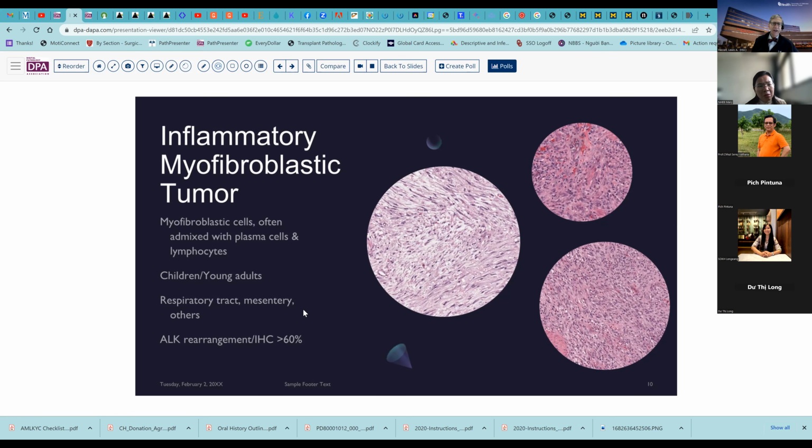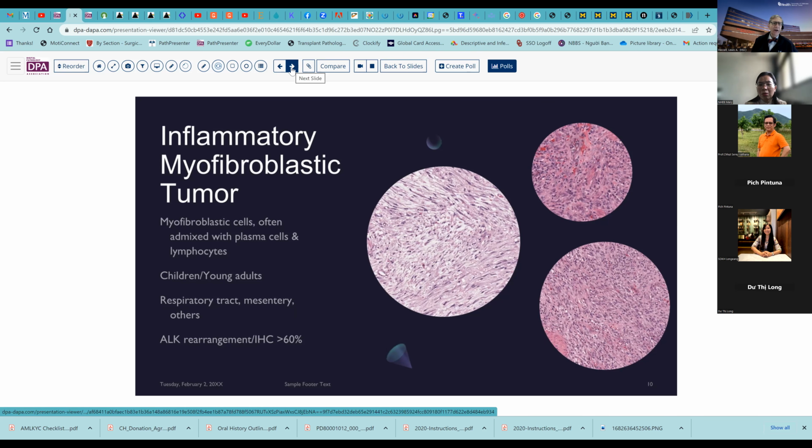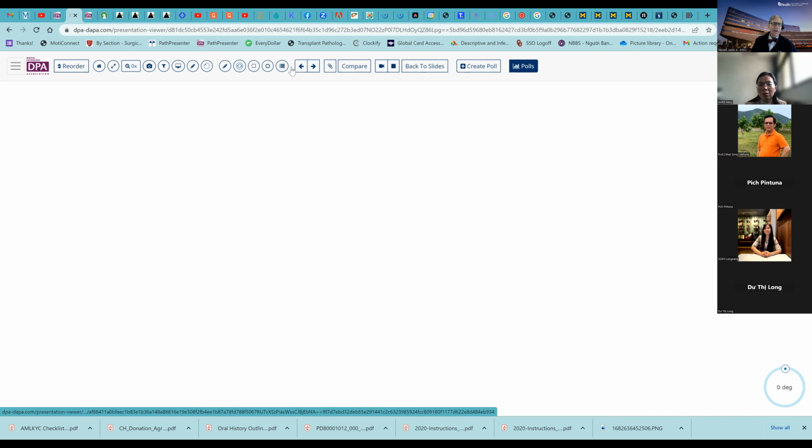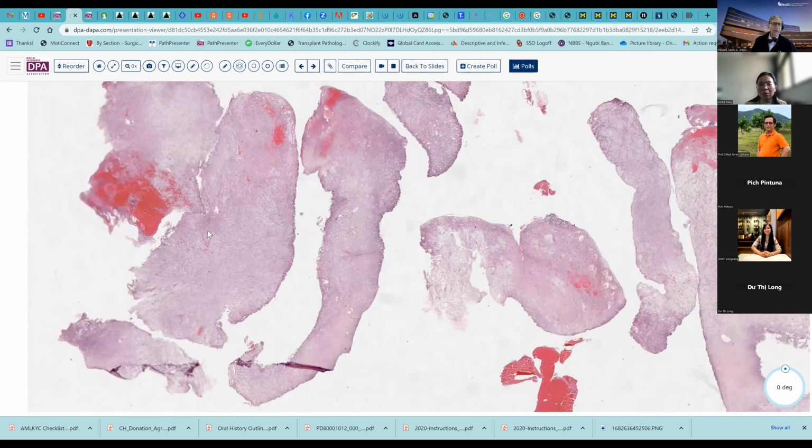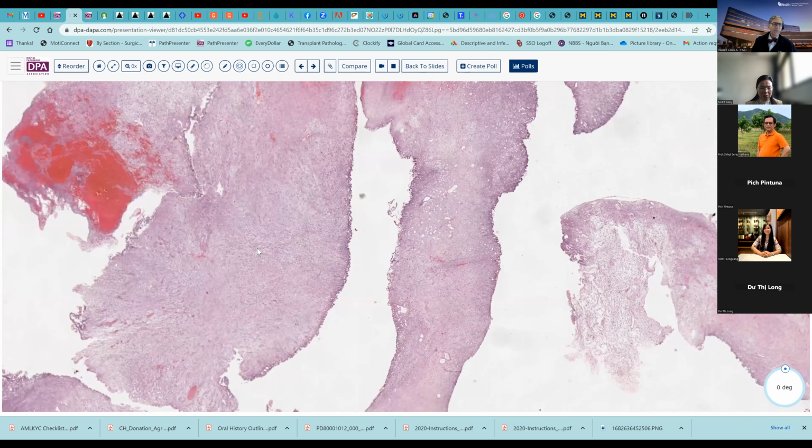And so it again is something that you should think about. It's been seen in the gynecologic tract, for example. I haven't seen a case there, but I keep looking. And so this is, again, a tumor that has a wide array of morphologies. So here's a sample of some biopsies from a tumor like this.